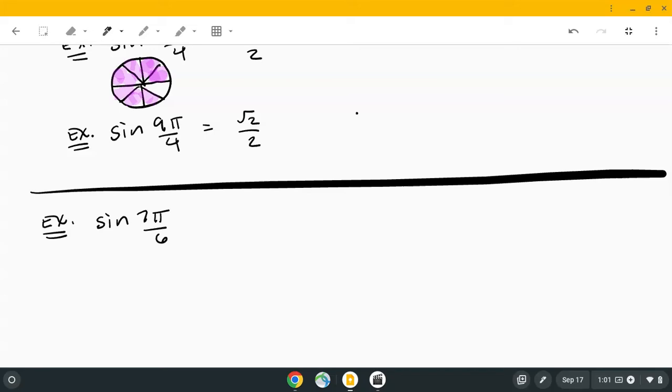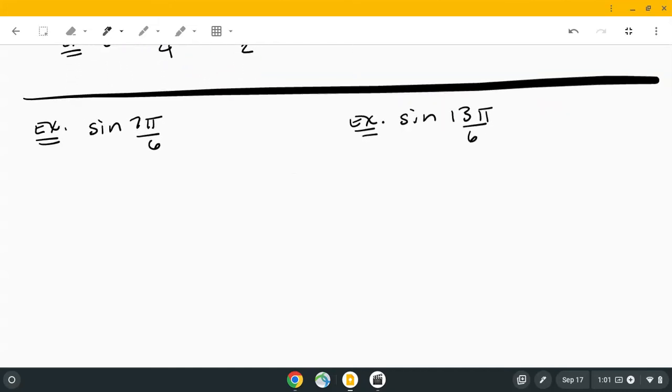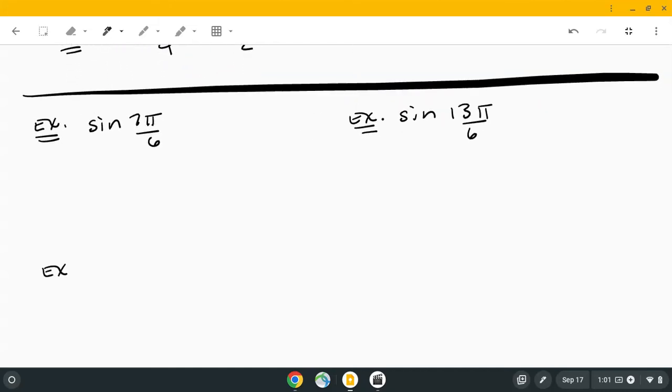Sine of 7 pi over 6, and let's do sine of 13 pi over 6. And let's do sine of 23 pi over 6. And let's do 16 pi over 6.